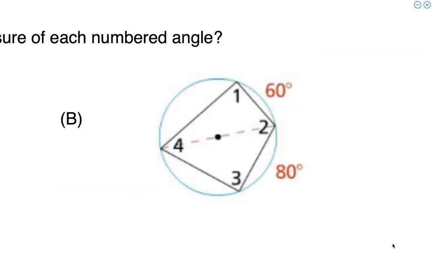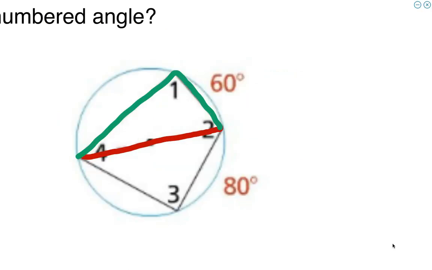All right, so now we have 4 angles that we need to find. First thing that jumps out at me is I am shown this diameter. So that means this semicircle is the intercepted arc, meaning angle 1 is 90.